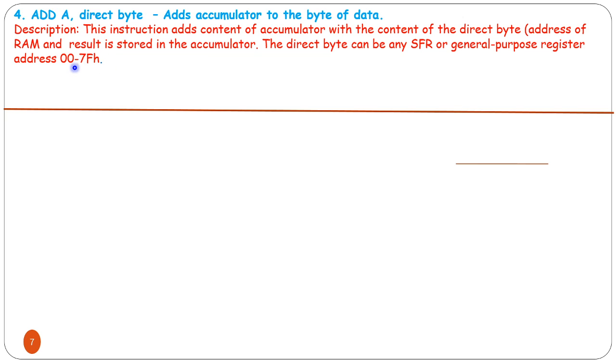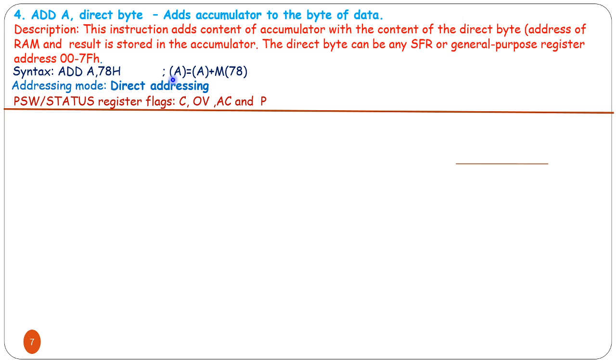Why do we write here like this, 00 to 7F? It is the address range of 128 bytes of random access memory. Among these addresses, the content of one address is added to the accumulator. So here the syntax will be like this: ADD A, 78H. So 78H is the direct address of internal random access memory, and that content is added to the accumulator. The result is stored in the accumulator. The addressing mode is direct addressing.